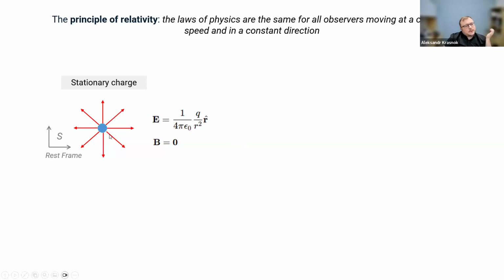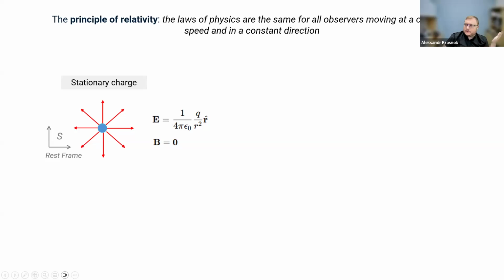So let me consider a stationary charge like an electron. We know this charge in a rest frame is stationary, it doesn't move.